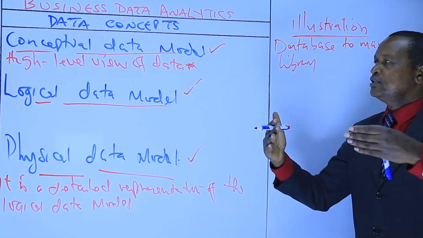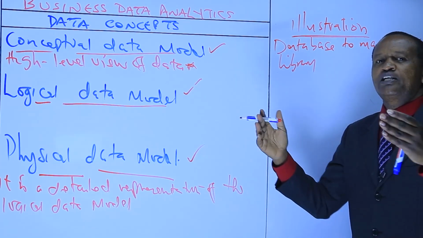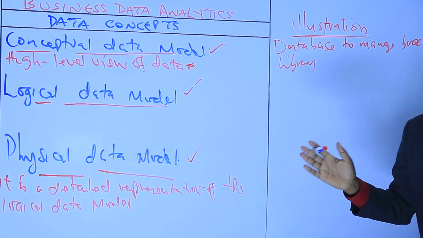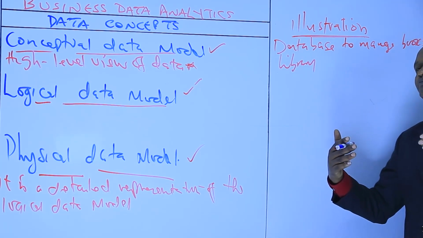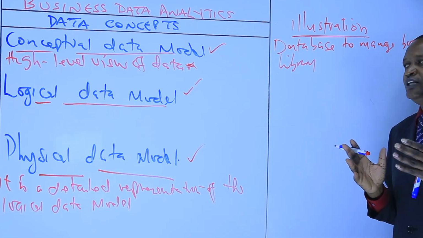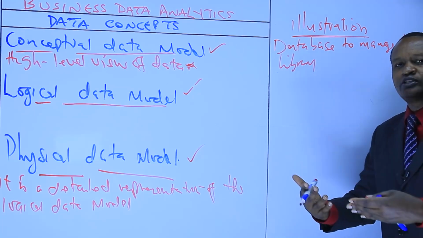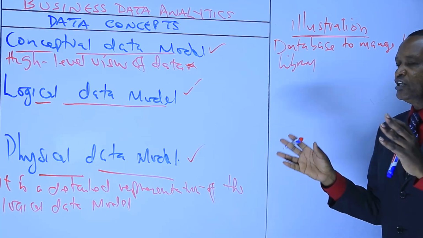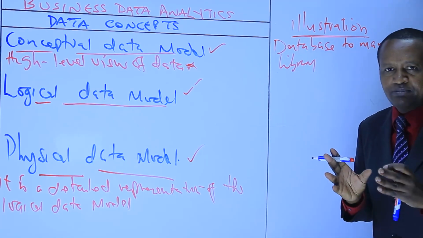The conceptual data model here will just focus on the relationship between different entities or variables, all right, within the database, as well as the rules that govern the relationships between the variables within that database.